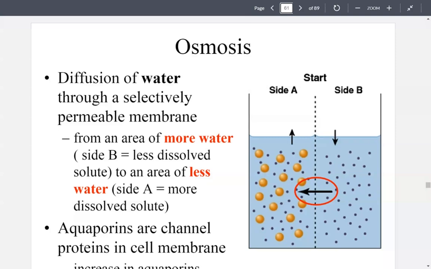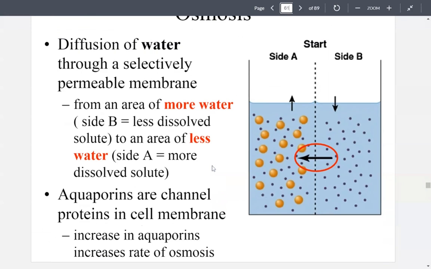So instead of the solute moving, it's the water that's moving. Water, however, typically can only get into and out of a cell by the use of what are referred to as aquaporins. Aquaporins are special pores within the plasma membrane that allow for the easy movement of water into and out of the cell.